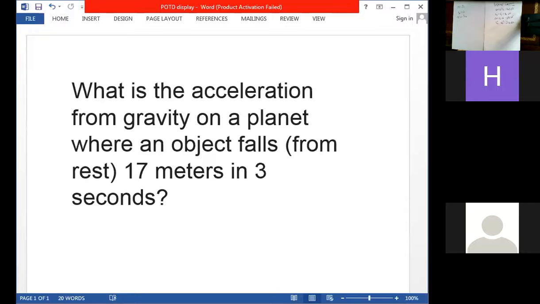And it's not exactly right to say delta y is 17 meters, because we're moving downwards. Negative, right? Our delta y is negative here because we're falling in the downwards direction, and the downwards displacement is going to be negative.